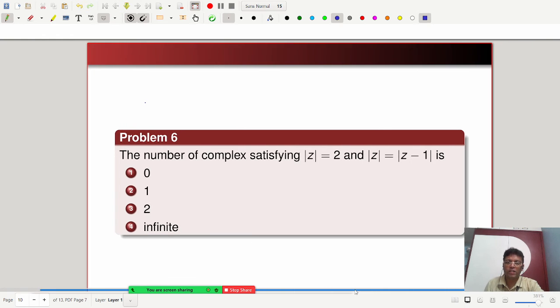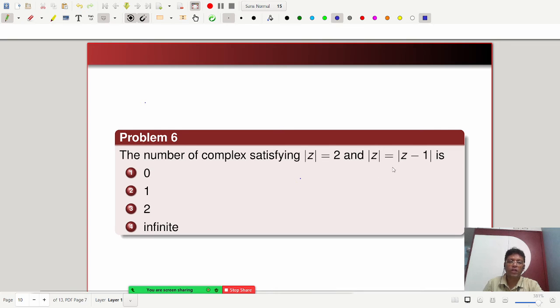Next question: the number of complex numbers satisfying |z| = 2 and |z| = |z - 1| is equal to how many? That means you need to solve. Now look at that again. |z| = 2 represents a circle whose center is 0 and radius is 2.